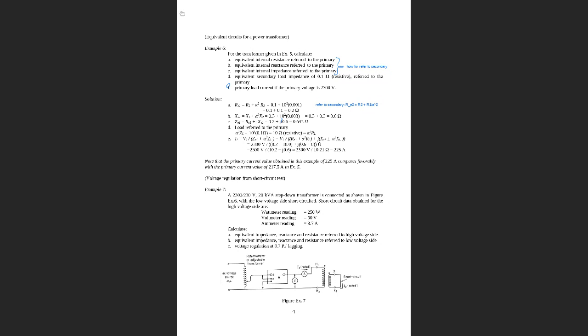If we draw it as a circuit, it will be like this. The excitation branch is ignored because the impedance of the excitation branch is very big.